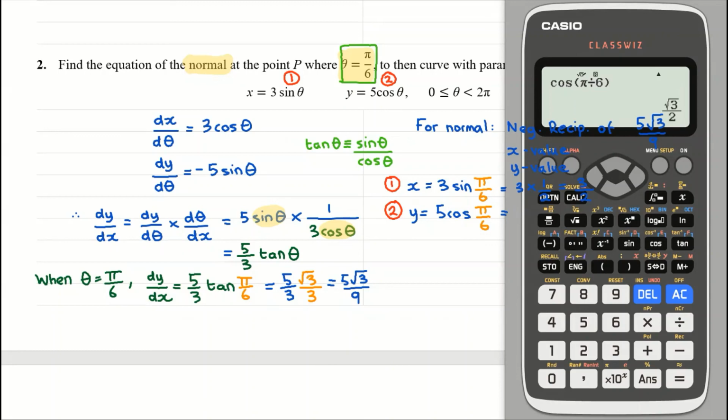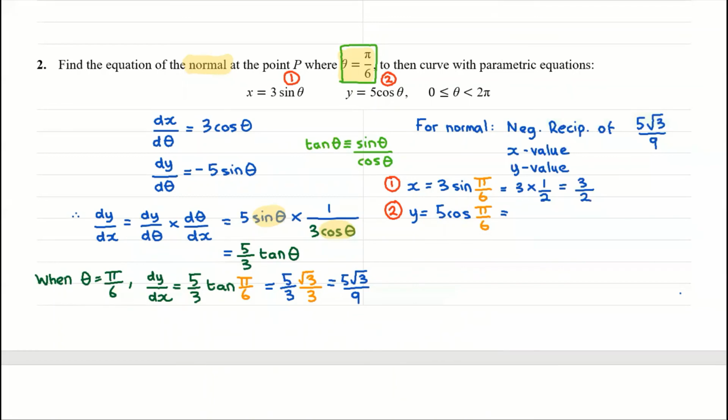Make sure you're in radians, of course, that's root 3 over 2. So it's multiplied by 5 as well, sorry. So it's 5 multiplied by root 3 over 2, which is, of course, 5 root 3 over 2. Right, so we've now got all the ingredients. We can now put everything together.